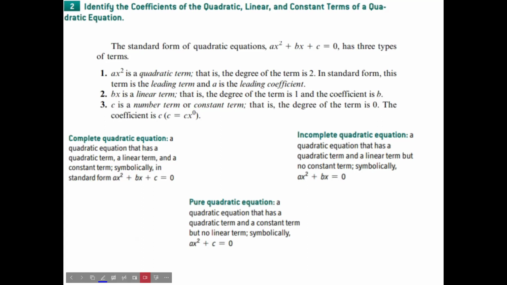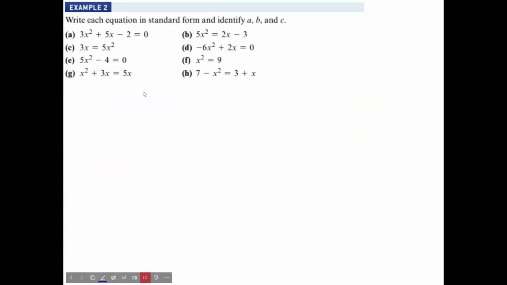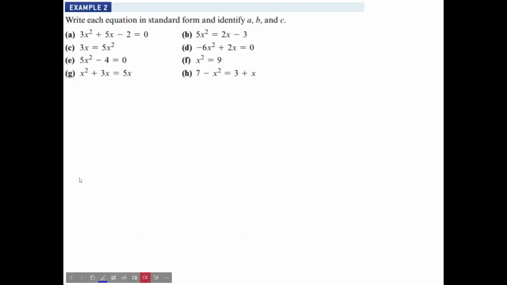So, okay. Write each equation in standard form and identify a, b, and c. Do I have next page? No, I don't. So I have to be tight. So a, it's already standard form, right? So a is 3, b is 5, c is -2.